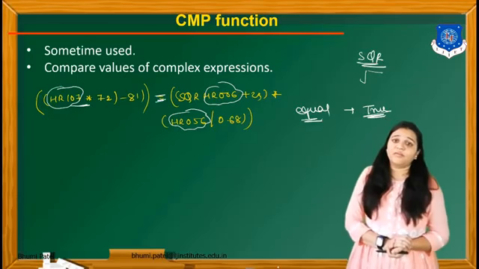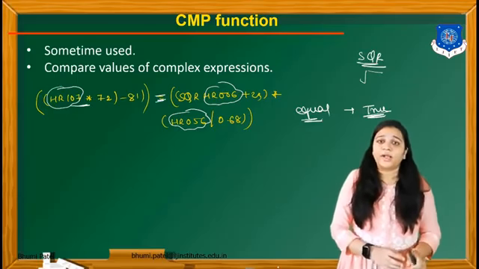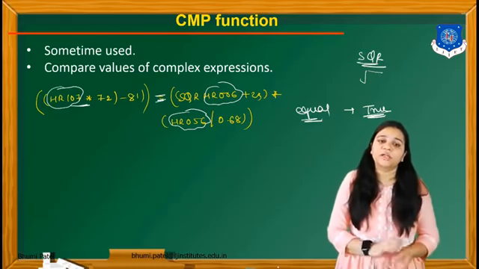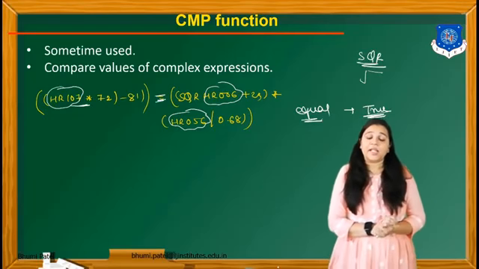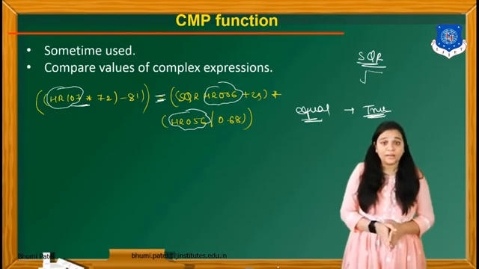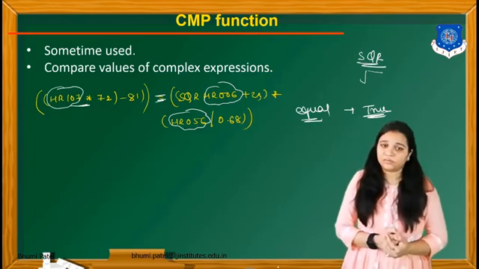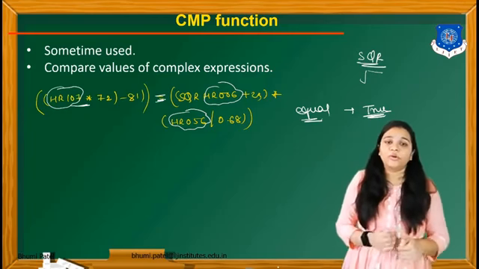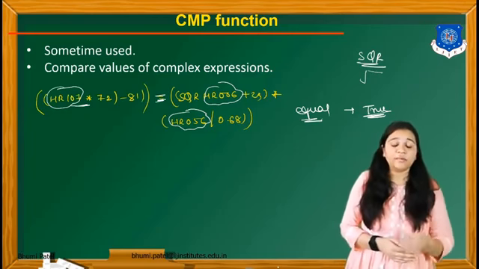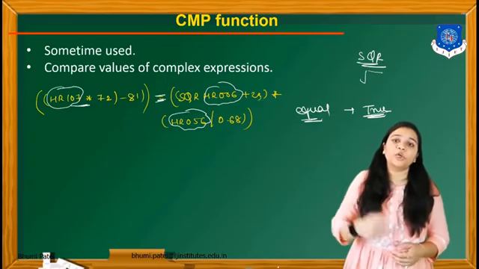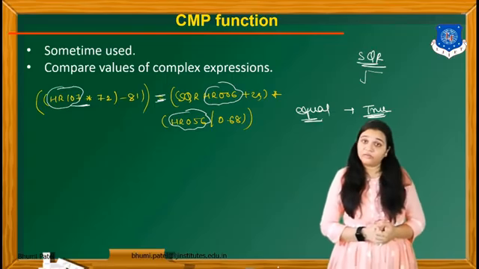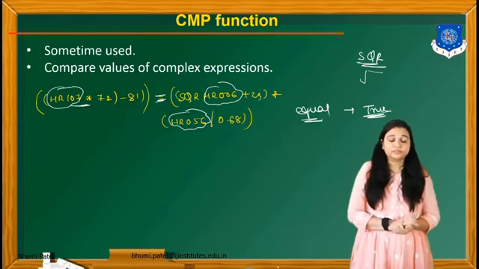Okay. So whenever we draw the program in the PLC programming using the comparison function, you must remember that we have only two basic comparison functions, equal to and greater than or equal to. If we have to find the value between two numbers, that time we use the limit function.